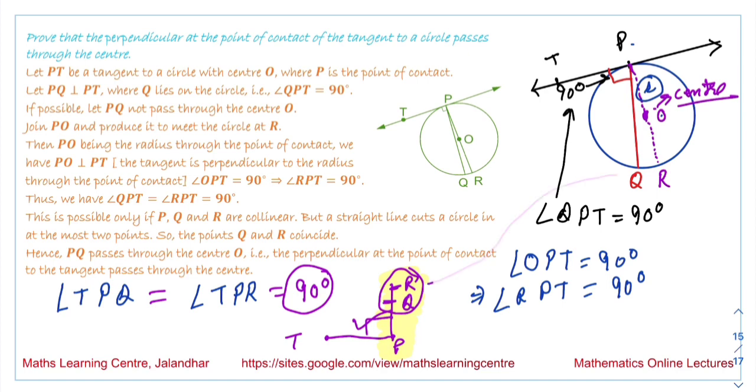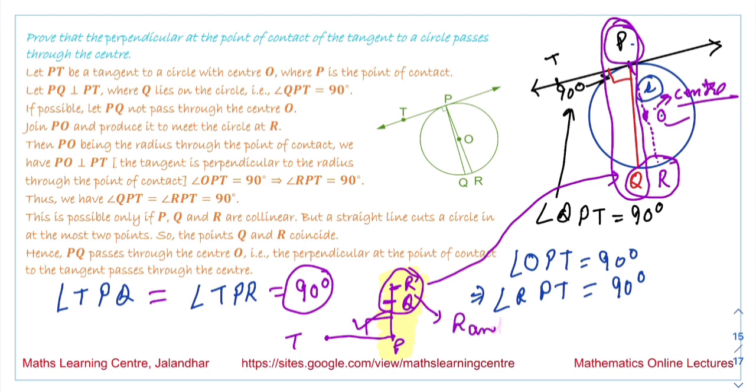But Q and R are points on the circle, and this point P is over here, and these 3 points are not collinear. It means the supposition that we have made, that this line PQ is not passing through the center, is wrong. The second thing we can say is that these 2 points R and Q should coincide, and if they coincide, we have that POR is the diameter of the circle.